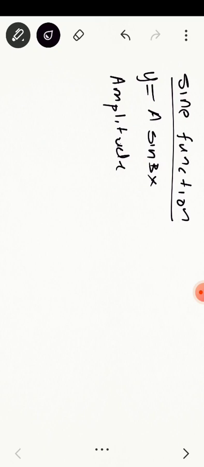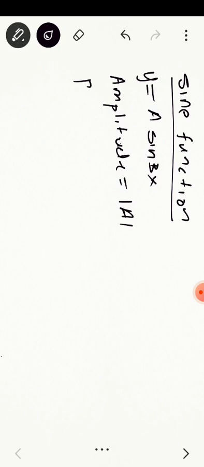Amplitude is equal to the absolute value of a, meaning that even if a is negative, for amplitude you must put it as a positive.